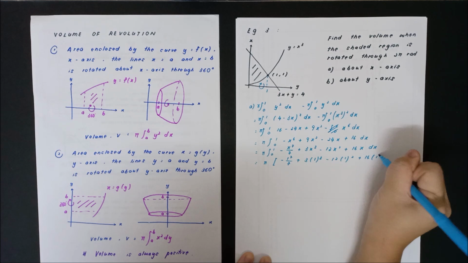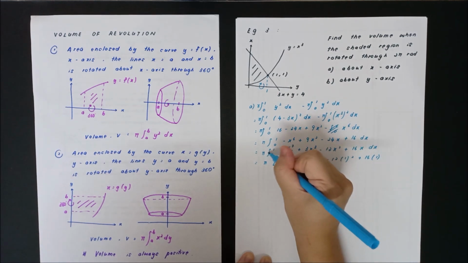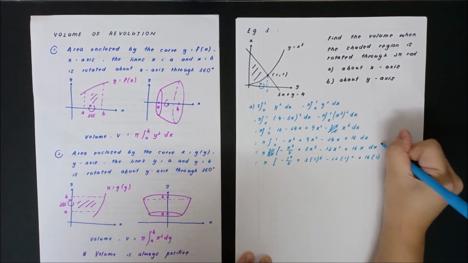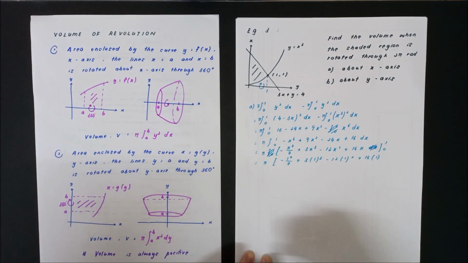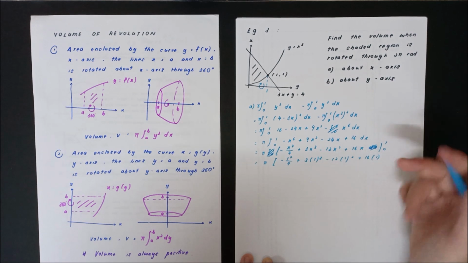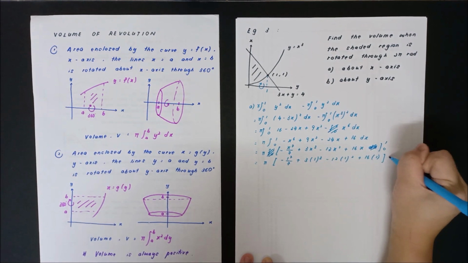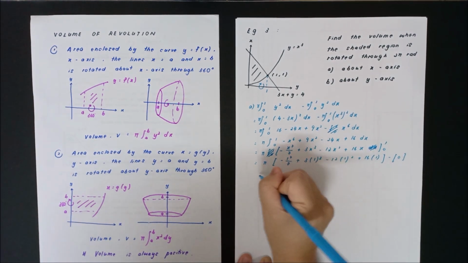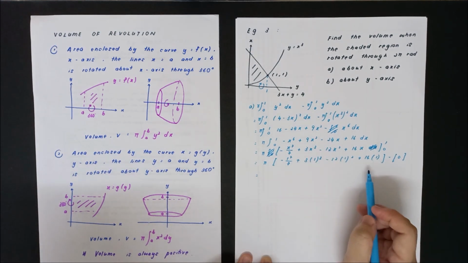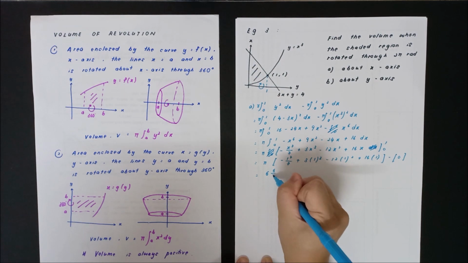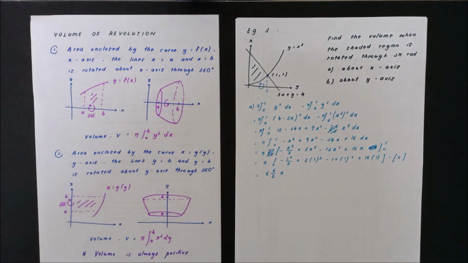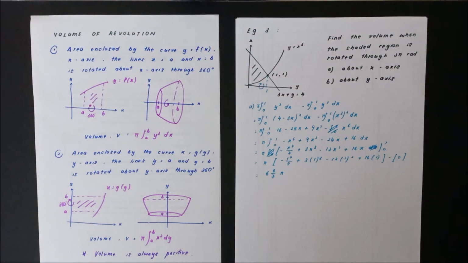Then remember to check when you substitute 0, are you getting 0 here? In this case, substituting 0 gives 0, so it's okay. When you add this up together, you will get 6 over 7 pi. So that's the A part, which is pretty easy. Basically they have the same limit, so we can subtract them.